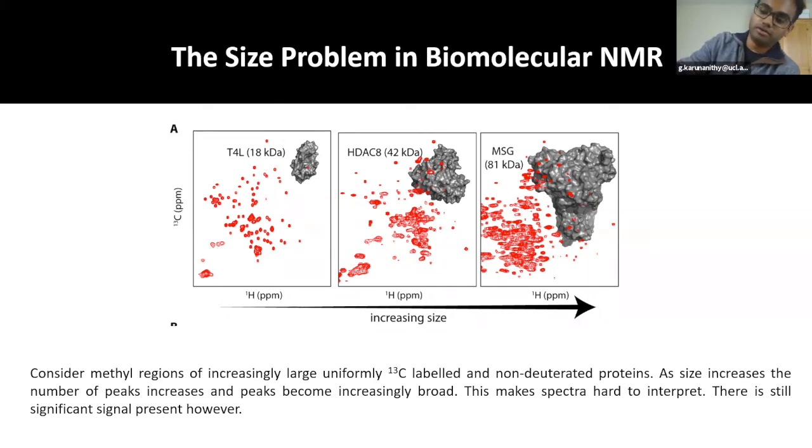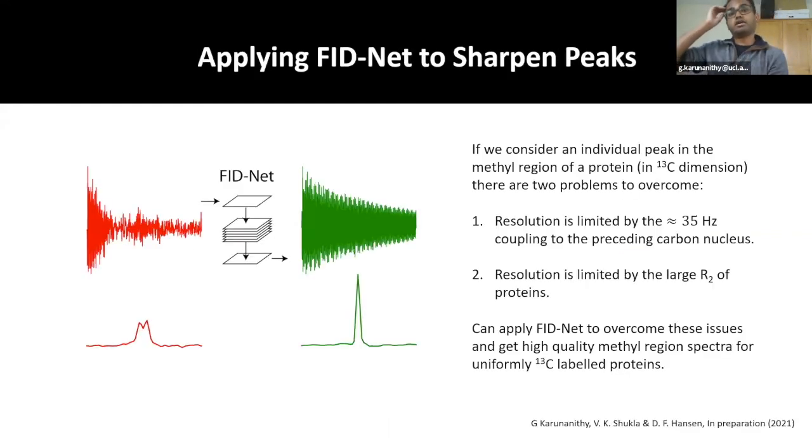So what we thought was, well, we've been playing with these FIDs. If we consider the FID in such a system, there are two things to overcome. A, we have this coupling to terminal carbons in methyl groups, which halves peak heights and limits resolution.